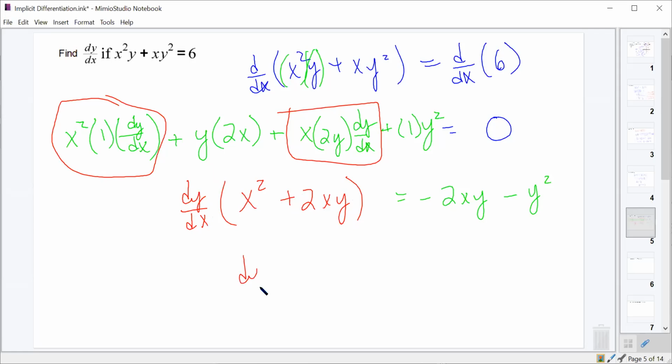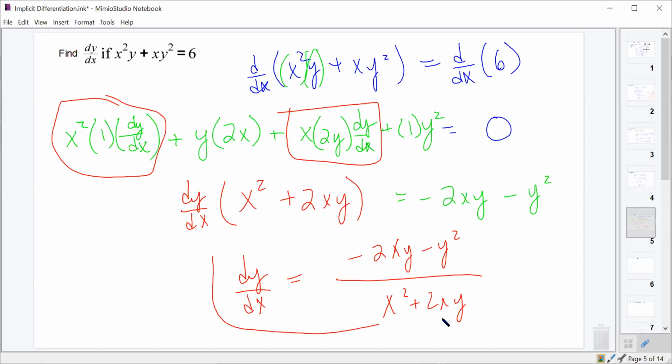And now we can just divide both sides by x squared plus 2xy and get our derivative. And if you'd factored the x out on this side also, you just have x times x plus 2y down there. But that's not necessary. Any questions or issues with that? Everybody okay with that?